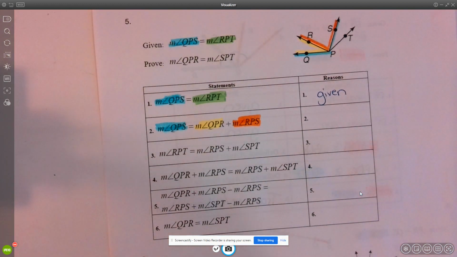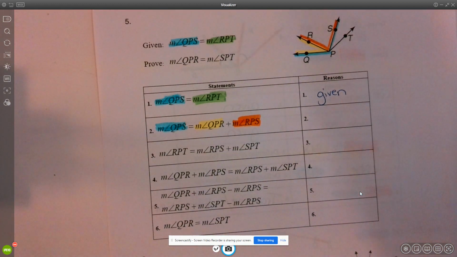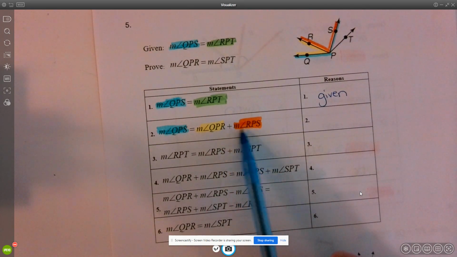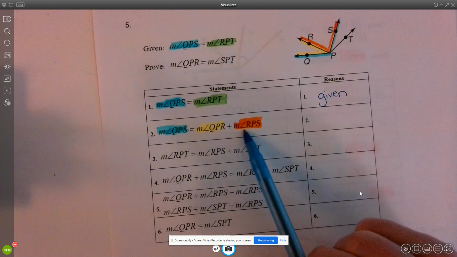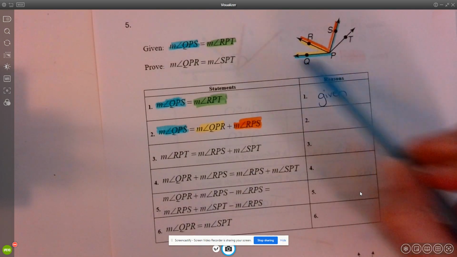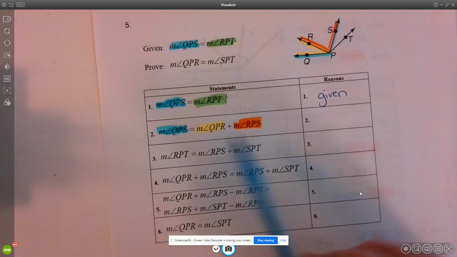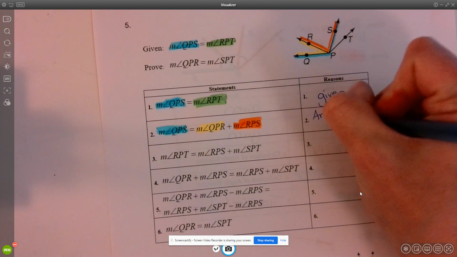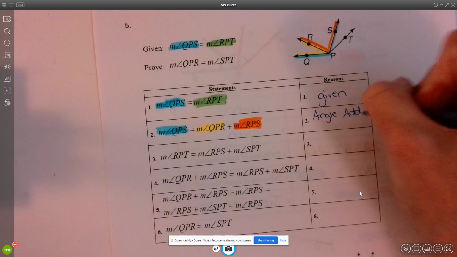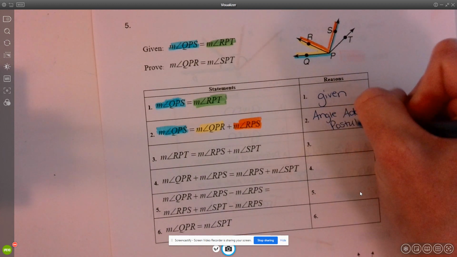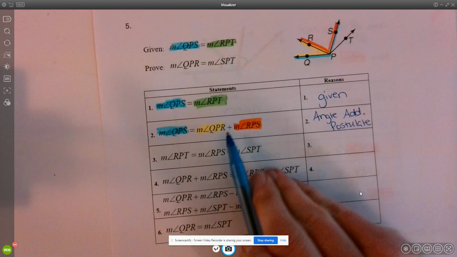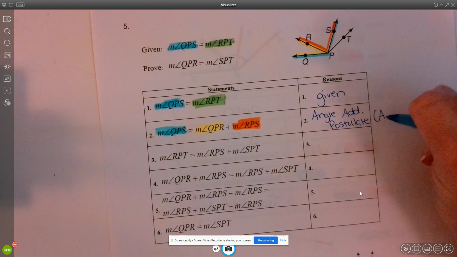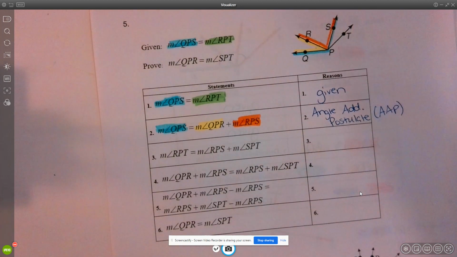So what I can see, this looks like a part plus part equals a whole, right? I've got two little adjacent angles that add together to make the larger angle. Well, part plus part equals whole, when we're working with angles, that's an angle addition postulate. That's how we know that the yellow angle plus the orange angle equals the blue. And again, you could abbreviate that AAP if you want.